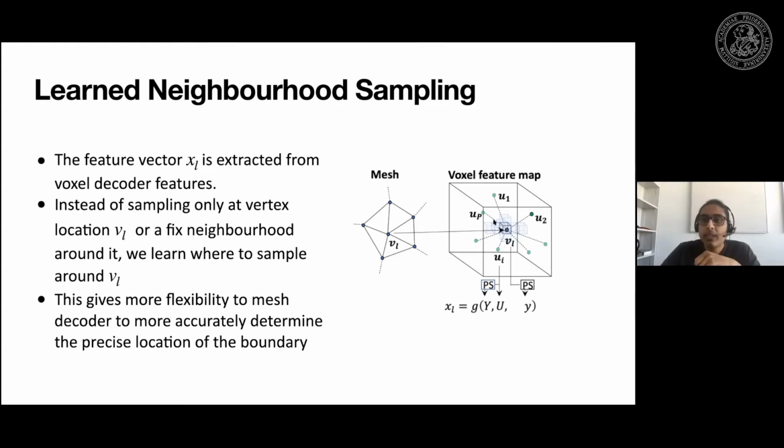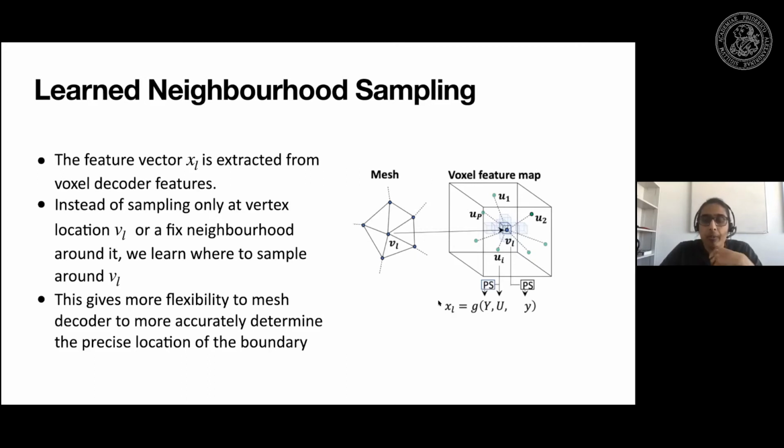With that, we take the central location and sample another set of features from the neighborhood. All these features together are passed to an auxiliary network function, we can call it function G, that produces the final feature vector.